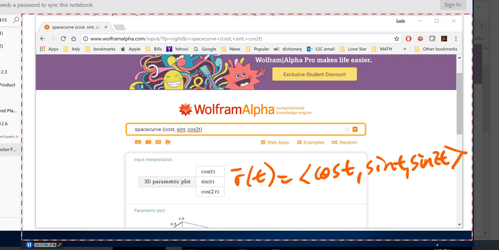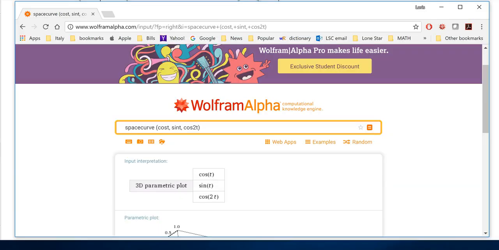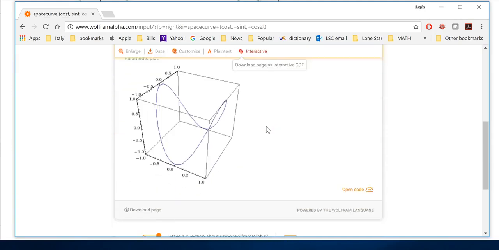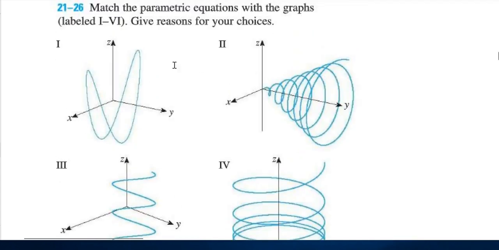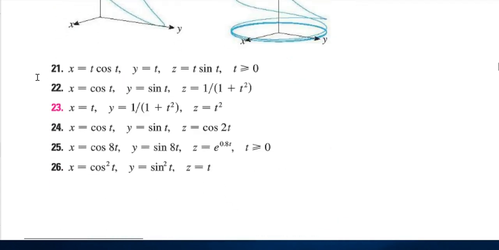You just put that in for space curve, and the good news is that Wolfram Alpha will recognize this t as x or whatever you want. That's your variable. It knows it's a variable. And so when you graph it, it looks like this. It's the potato chip one. So that one is this one here, number 1. So apparently number 24 is number 1.